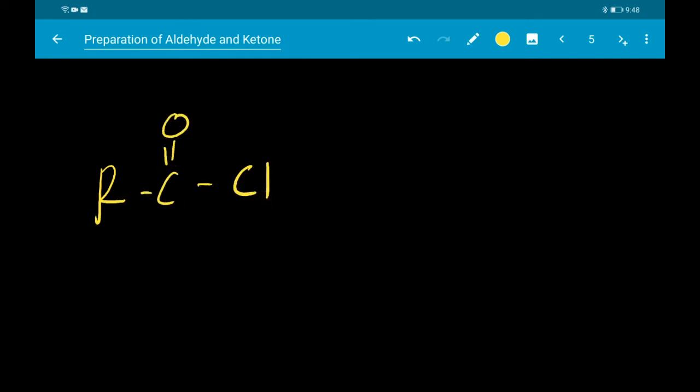To take a real example, we change the R into another group. For instance, let's replace R with a three-carbon group attached to the C double bond O with the Cl.